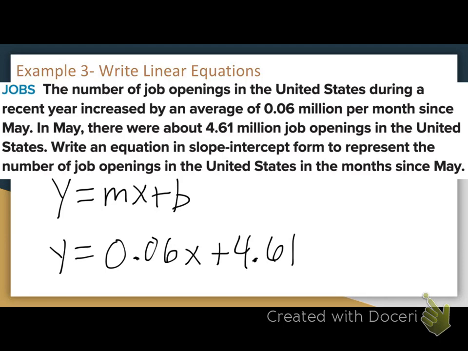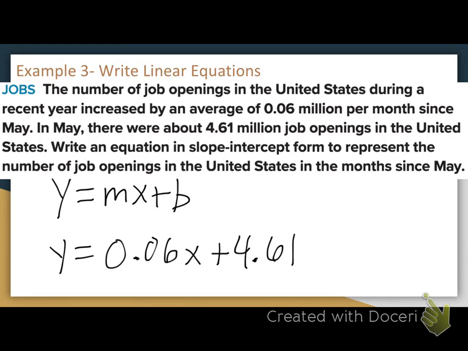So May would be month 0, because that's our starting point. We know a y-intercept has an x value of 0. So how many job openings were there in May? 4.61. 4.61 million.